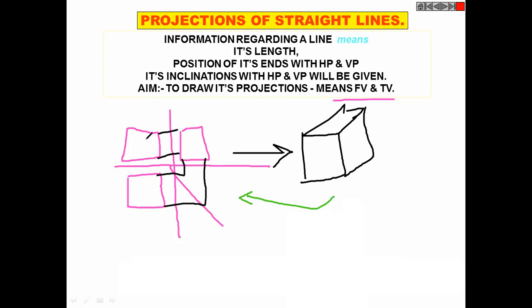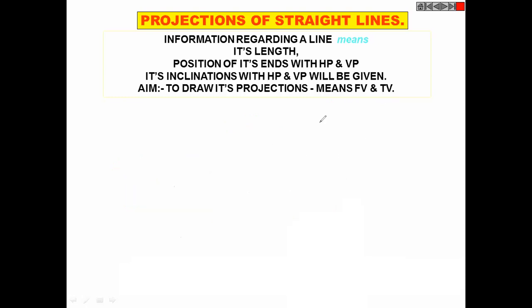Okay, so in line we are doing both problems together. In solid we are doing this problem only, this one right now. Later on we will shift to these also. We have to shift. Understand? So it is a lot clearer.